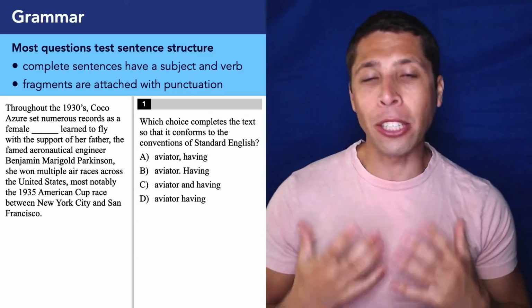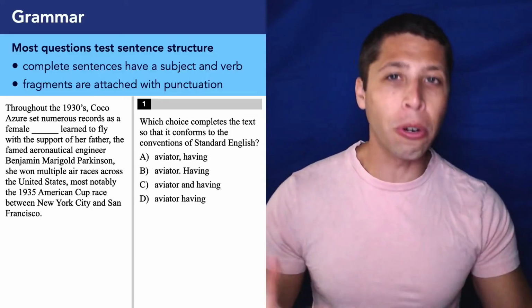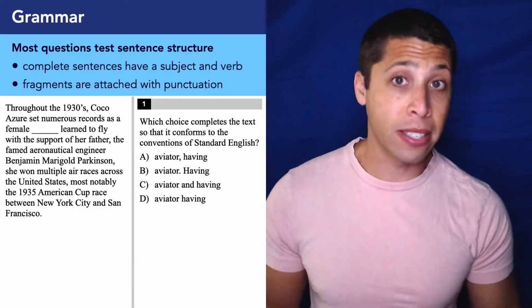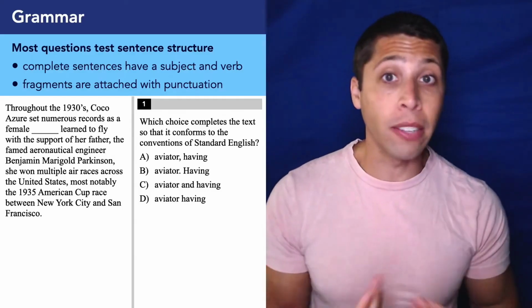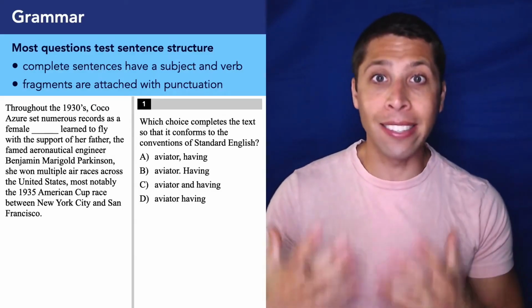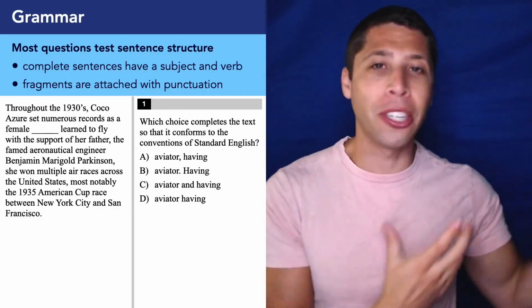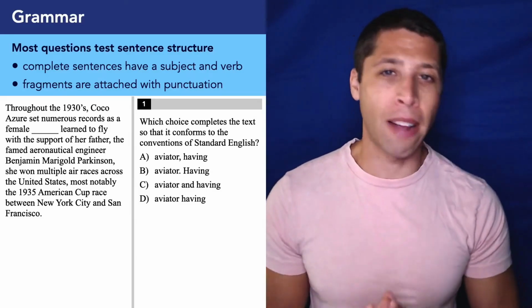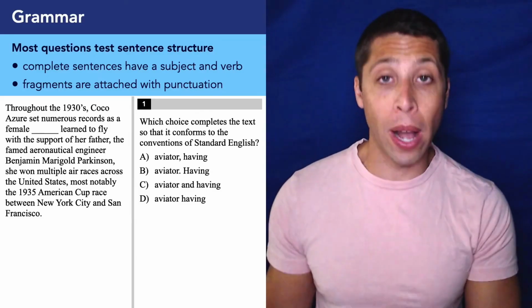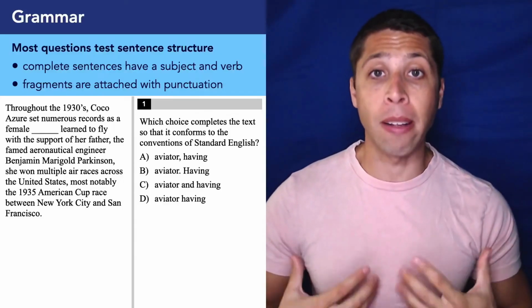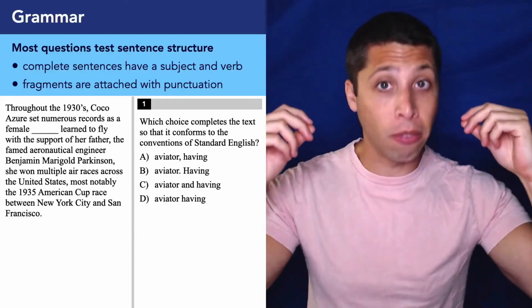But as I do, I'm going to try to avoid being too grammatical about things. I think that's a mistake that a lot of people make when they are trying to study for the grammar portion here, is they get into things like past participles and objects of the preposition. You really shouldn't have to know that level of detail to do well here. Most of what we're talking about is something that you should kind of train yourself to hear.